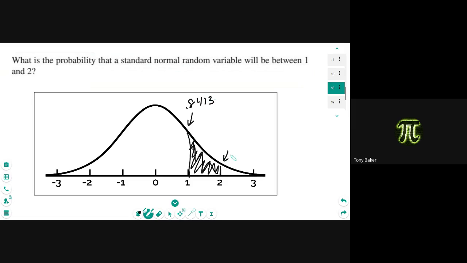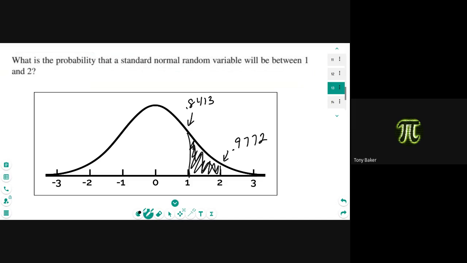Okay, and what's the z-score for 2? Or what's the probability for 2? I'll just subtract those two. Why? Because that's the difference between the two. So I just subtract it, because that's the only area that we're measuring.